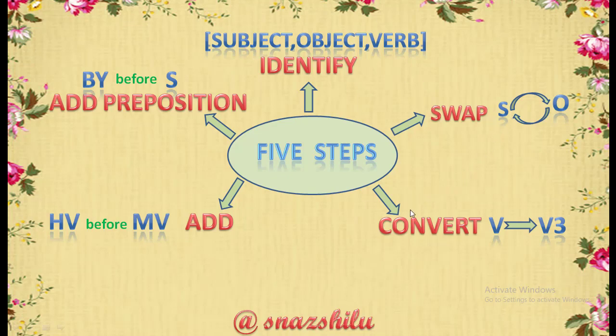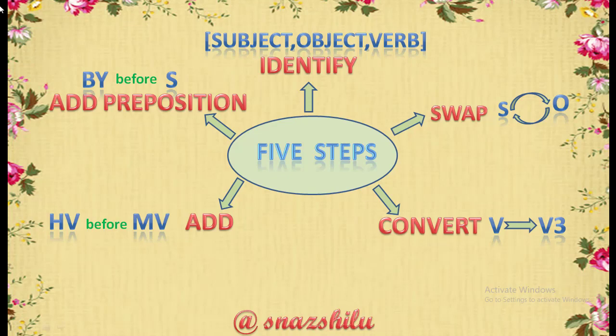Next, we will convert the main verb into the third form of the verb, that is past participle. And then we will add a proper helping verb of to be before the main verb.